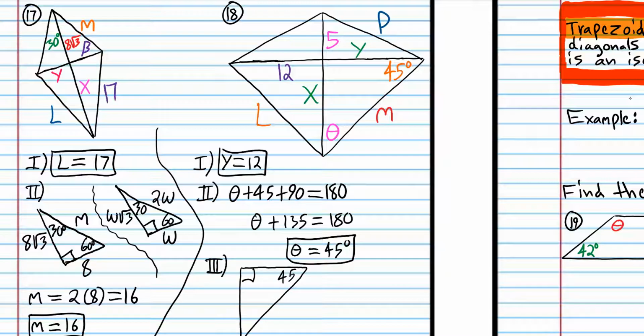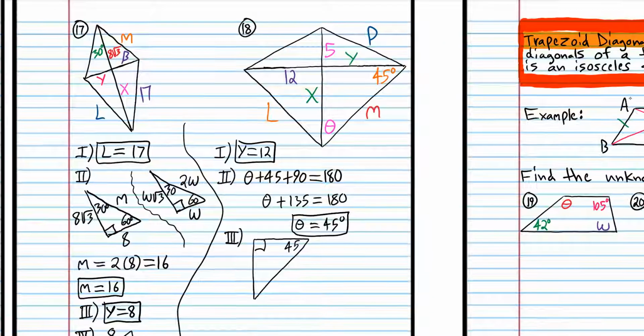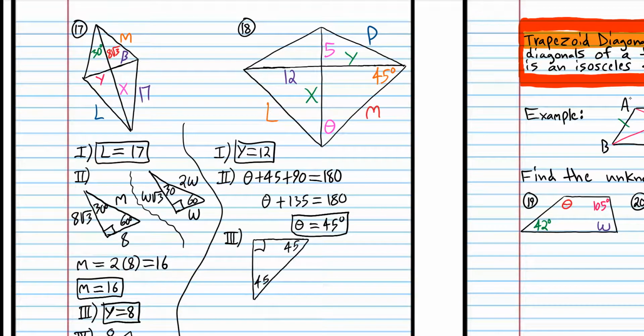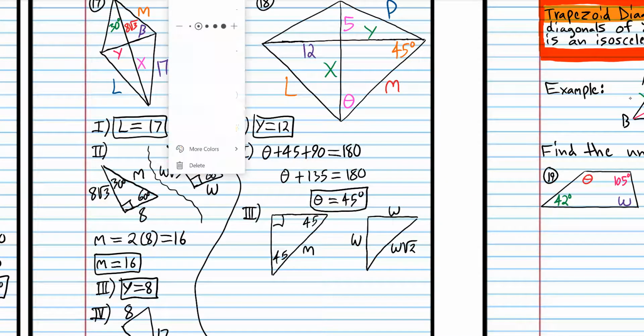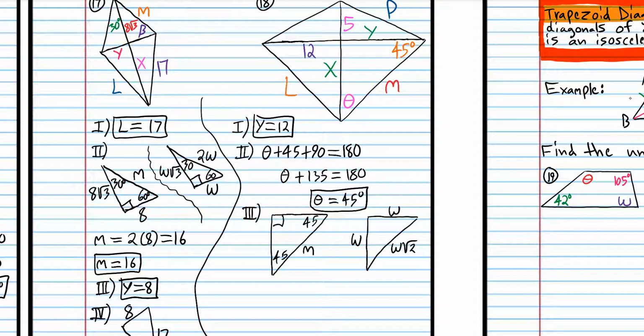And then on to step 3. So I'm pulling out the bottom right, and we know that that's 45 now. We know that that's a 90-degree angle. This is M. And if I draw that triangle, remember it's W, W, W root 2. So don't be confused by all these M's and these W's everywhere. Now we know that one of the sides of this triangle is 12.